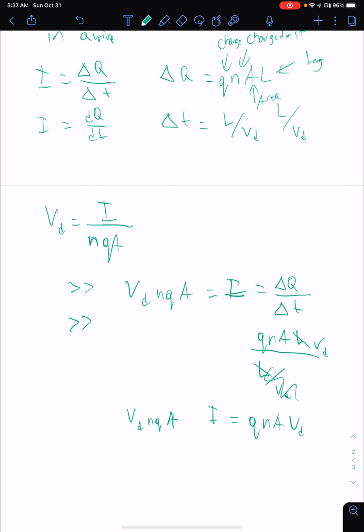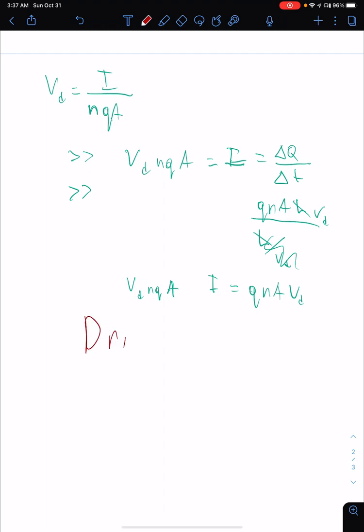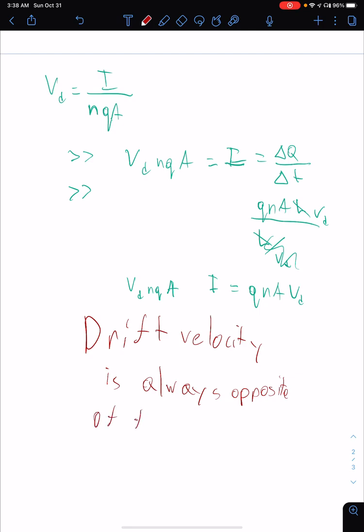Remember, drift velocity, I'm going to make this red, is always opposite of flowing current.